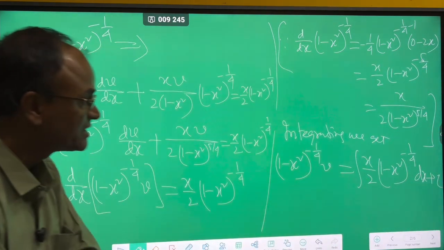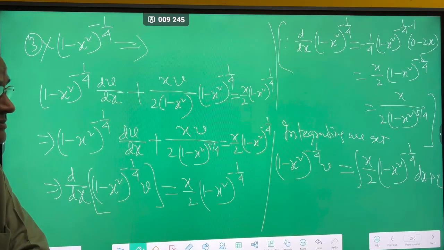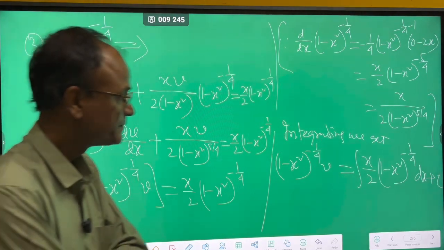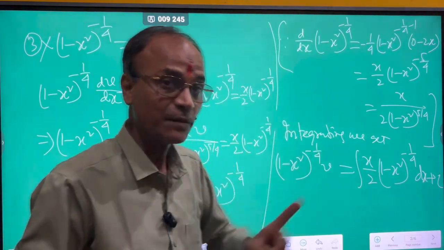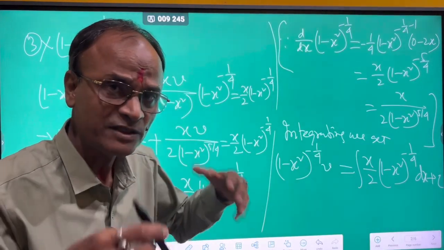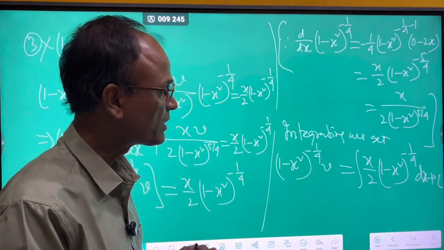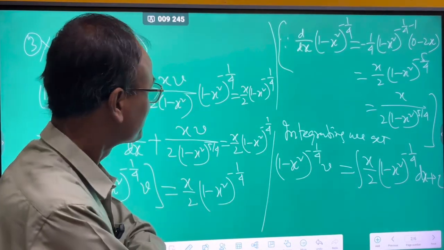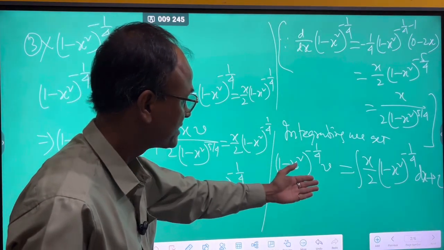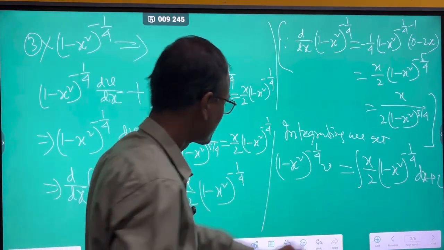The integration of this is this. What is v? v is equal to y to the power half, y to the power half means root over y. You may write root over y. What is the integration of this?